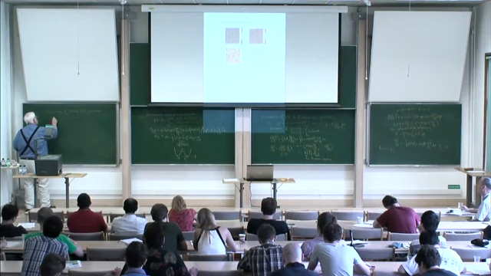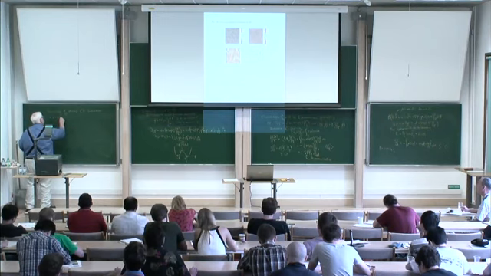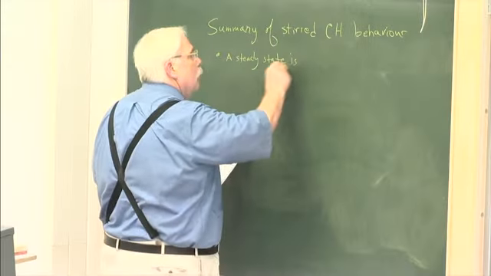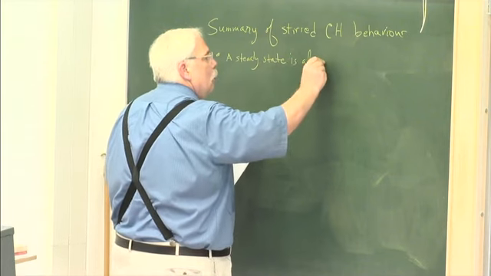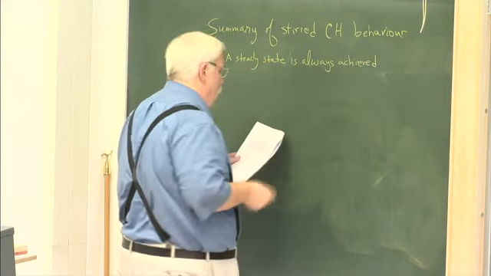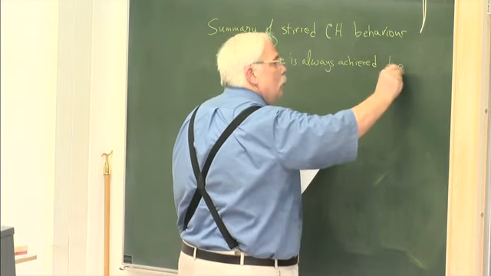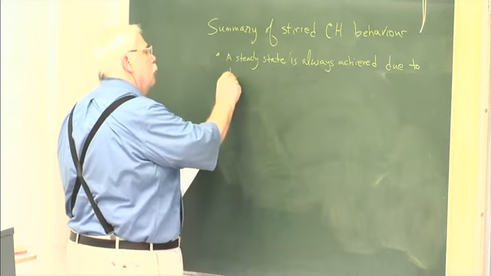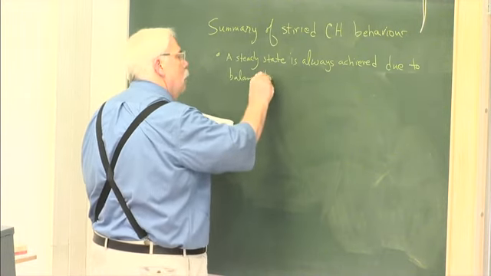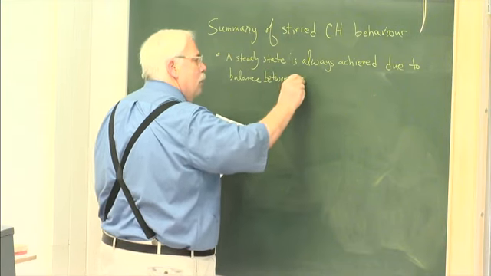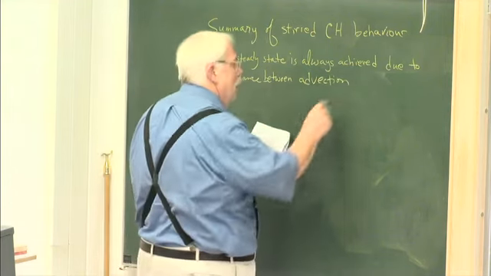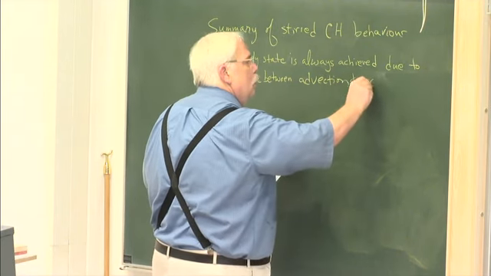So, first of all, a steady state is always achieved, to balance the stirring force: the balancing between advection, stirring force, and coarsening, Cahn-Hilliard.